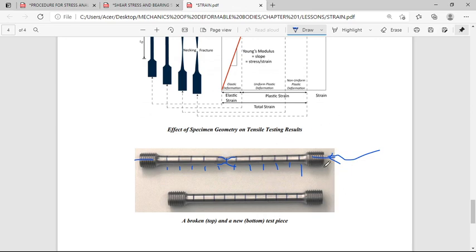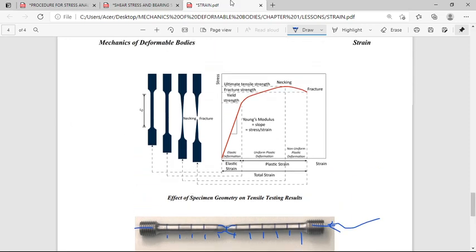And dito naman sa baba, nung naunang figure, is an undeformed test piece. Hindi pa nasasalang. And dito naman sa may taas na graph, ito yung effect of specimen geometry on tensile testing results. We'll discuss this further pagdating dun sa another video.